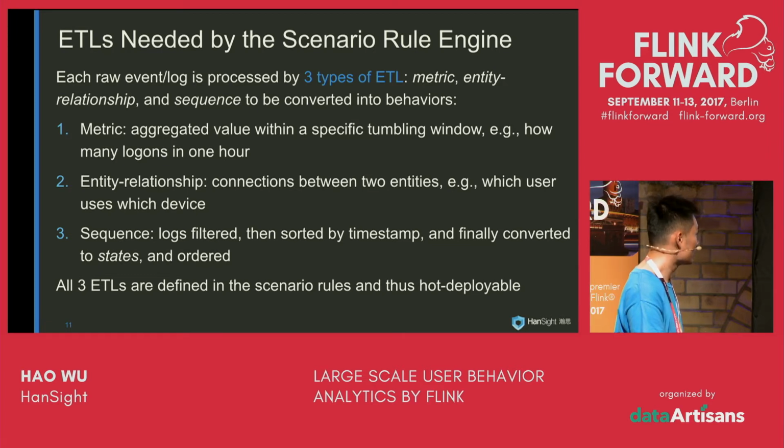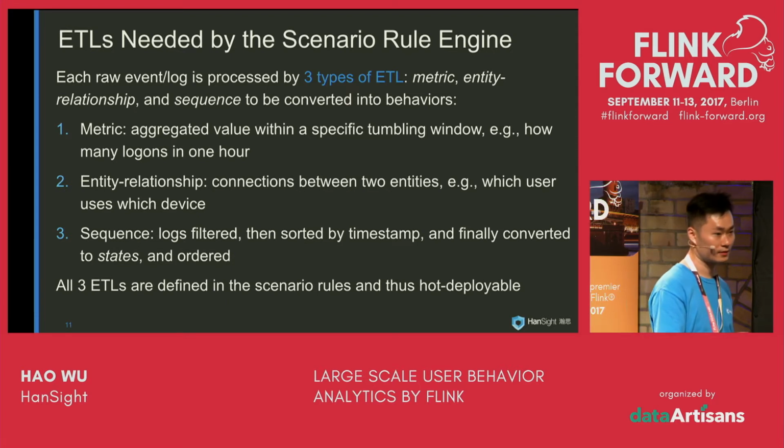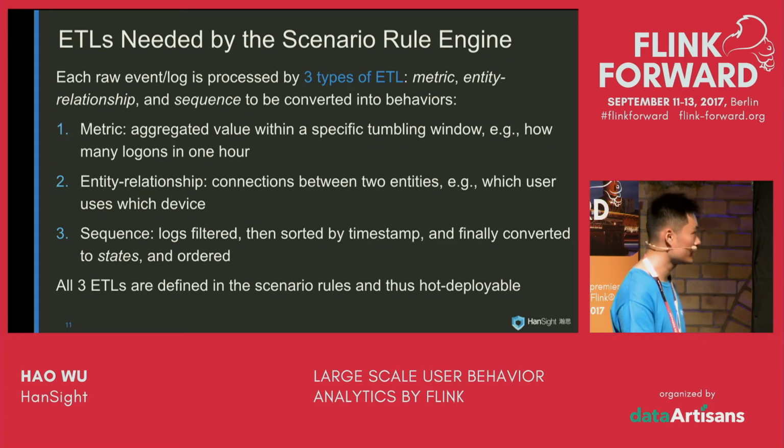So for metric, it basically means aggregations, like you want to calculate the sum, the average, or the min-max value of an event. And for entity relationship, you just want to know the connection between two events or two entities. For example, which user uses which device and what did it do.